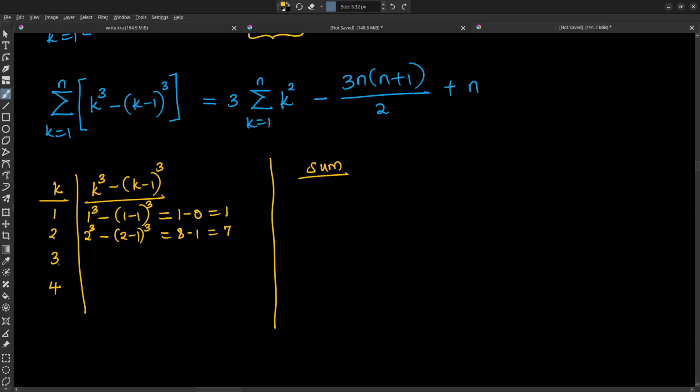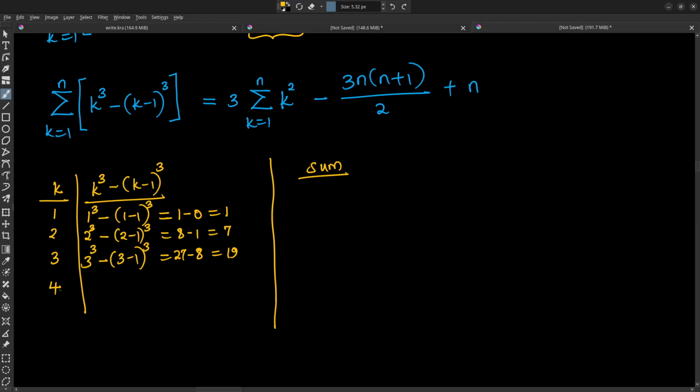Let's go to the next value. When k is 3, the value of the expression will become 3 cubed minus 3 minus 1 cubed. 3 cubed, we know, is 27, minus 3 minus 1, 2, 2 cubed, that's 8. So 27 minus 8 is going to be 19.